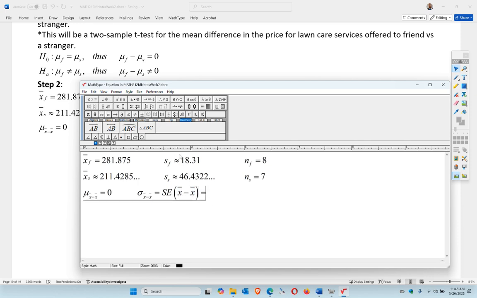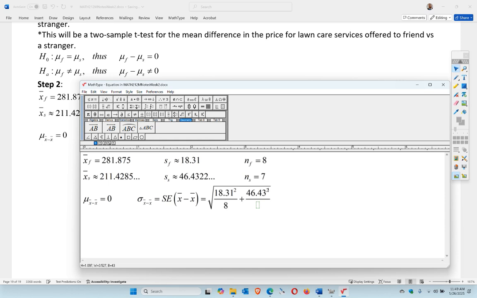Okay, so that'd be the square root, and I got to put the 18.31 squared. That's over 8, right? And then plus another ratio, 46.43 squared over 7.